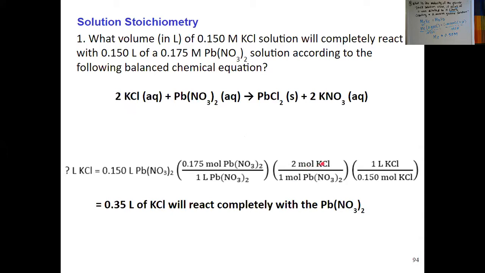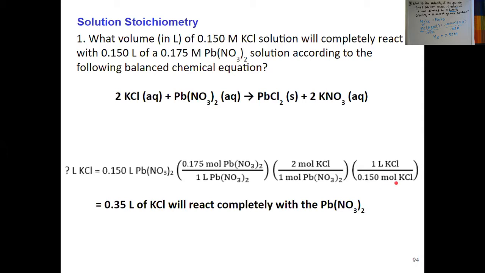Now, I want to find the volume of KCl. So I can use the molarity of KCl, which is 0.150 molar. And I can remember back to that first slide discussing molarity, where if I view molarity as a compound unit, moles per liter, then I can manipulate it like I do with a molar mass, right?